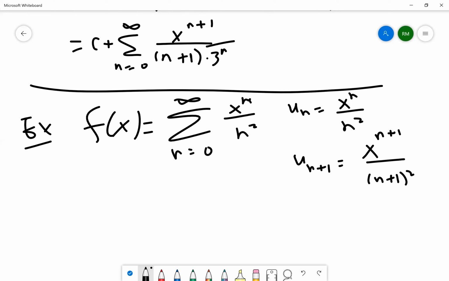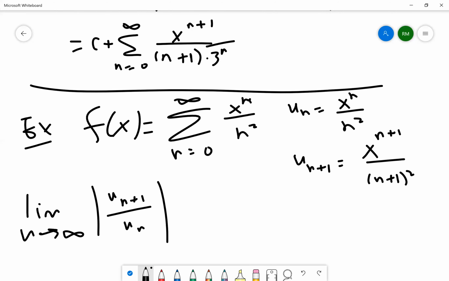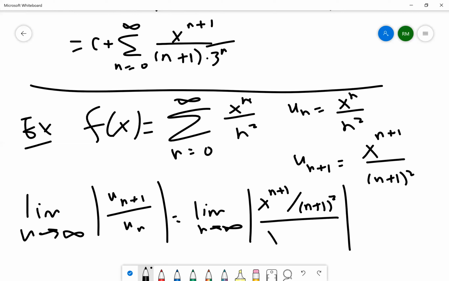Then we take the limit as n goes to infinity of u_(n+1) over u_n, which is x to the n plus 1 over n plus 1 squared, over x to the n over n squared.